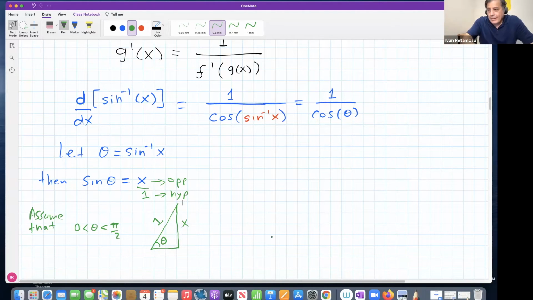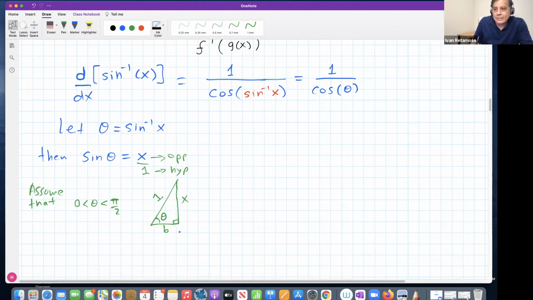All right? But now we don't have the base. Not a problem, because using the theorem of Pythagoras, we can find our base, right? We can say b squared plus x squared equals 1 squared. So b squared plus x squared equals 1.